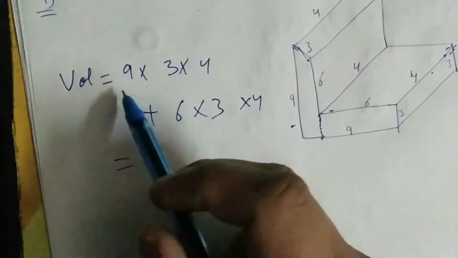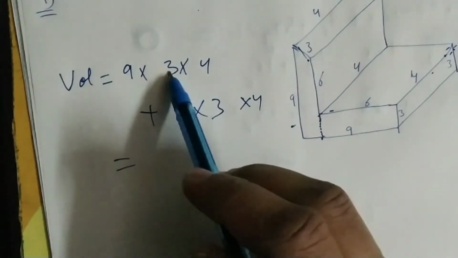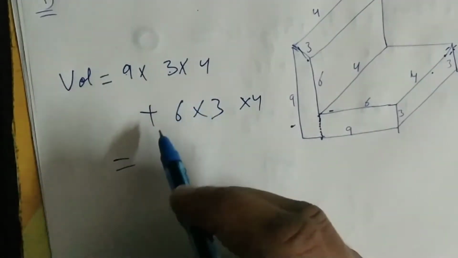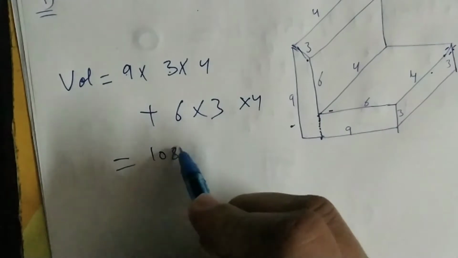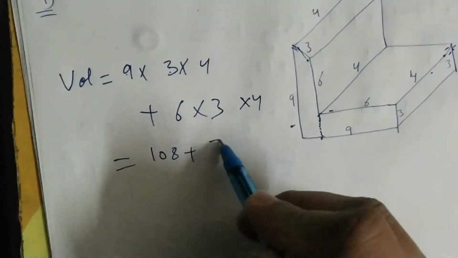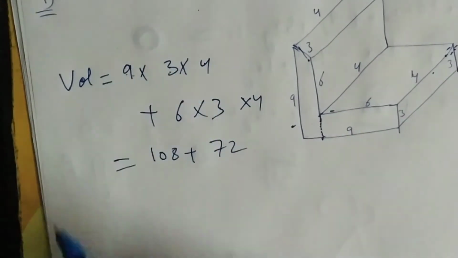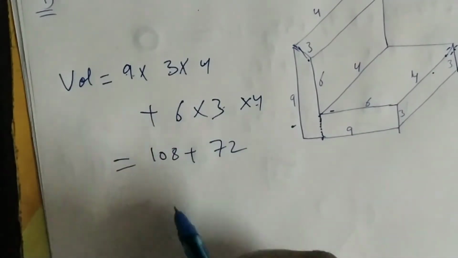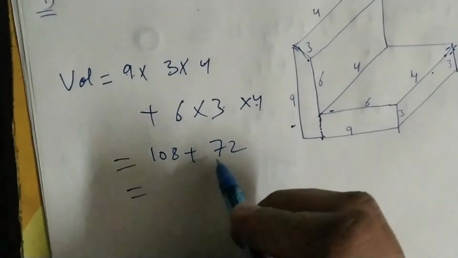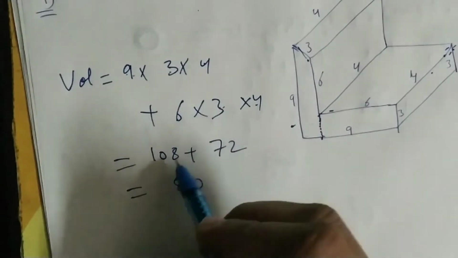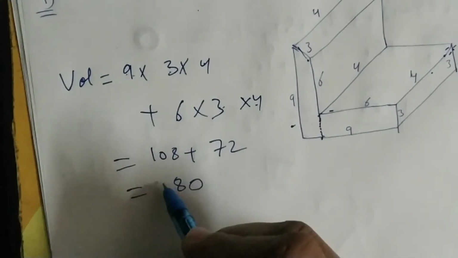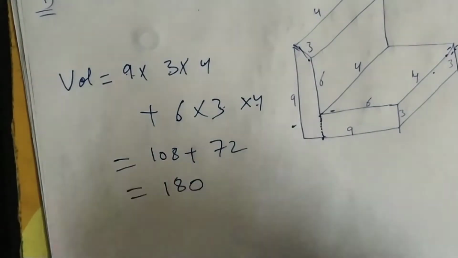Just multiply these. 12 nines are 108, 12 sixes are 72. So 180.